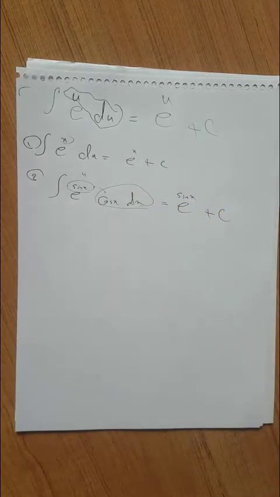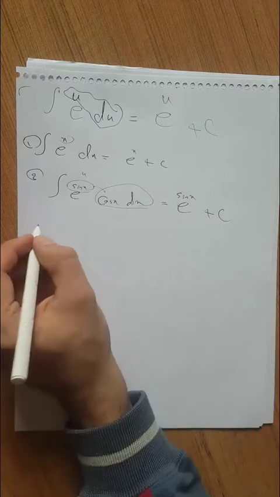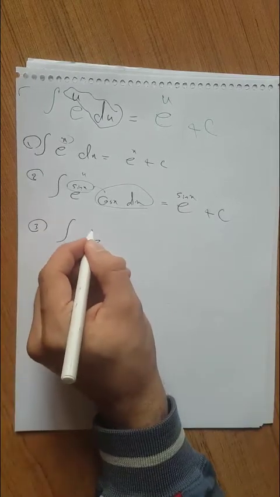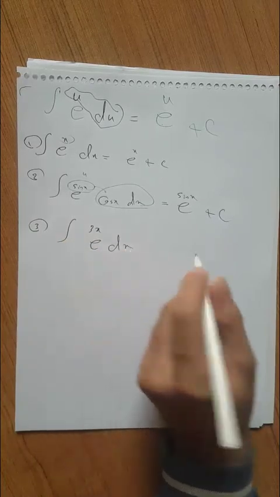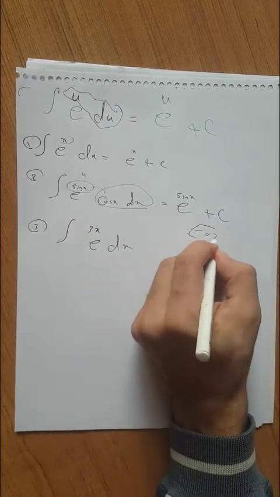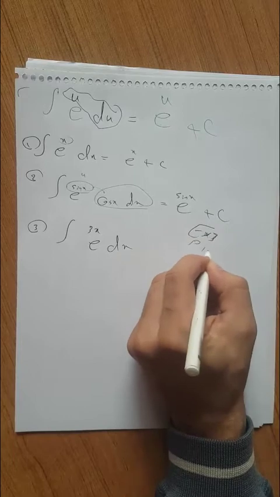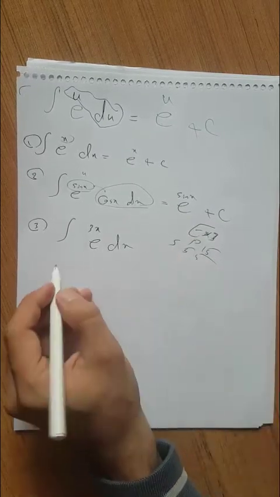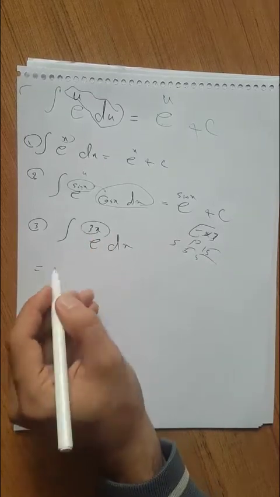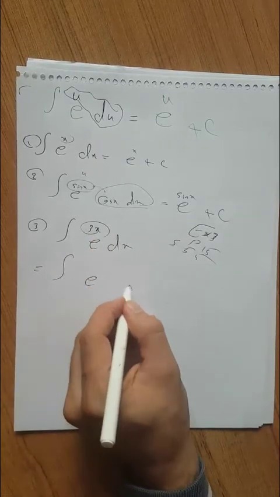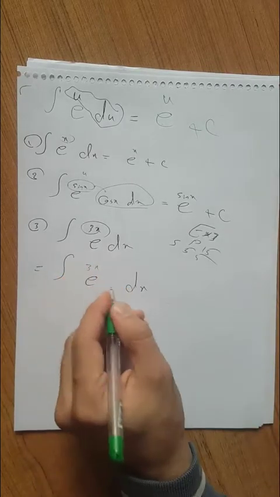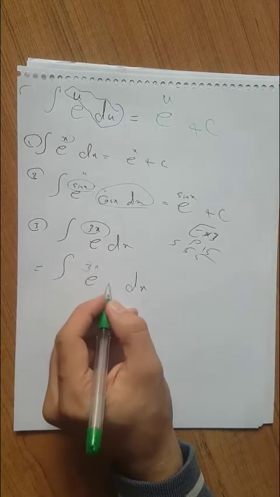How about in case we need something else, for example e to the power 3x dx, which is example 3, page 15, section 5.5. How do we solve this one? The derivative of 3x is equal to 3. But we haven't 3.